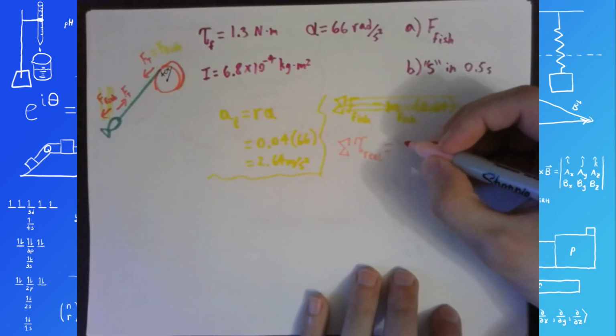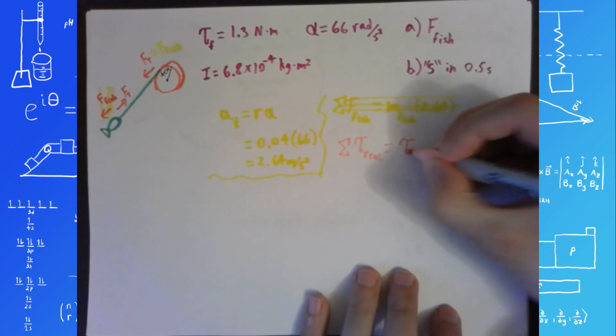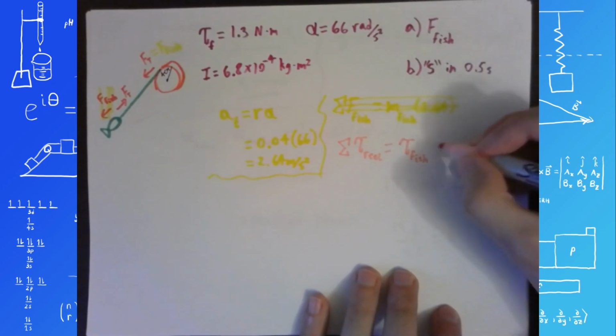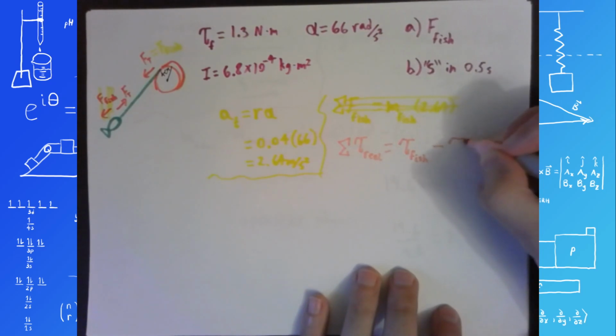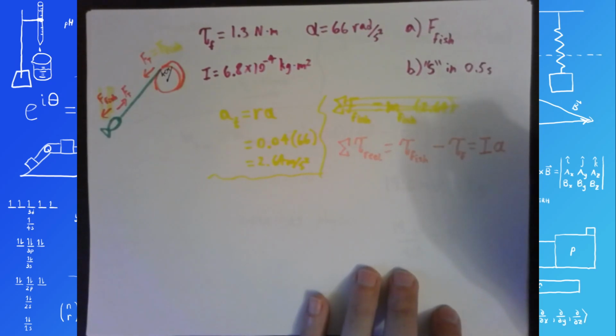So I'm going to say it's the torque due to tension or torque due to the fish, either way you want to look at it, minus the torque due to friction equals the moment of inertia of the reel times the angular acceleration of the reel.